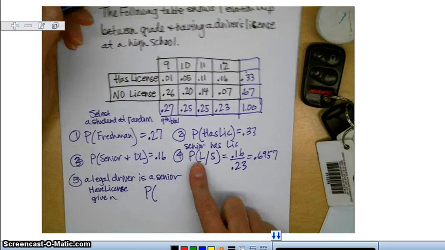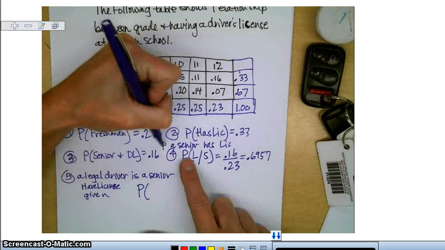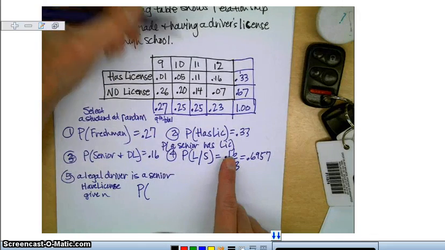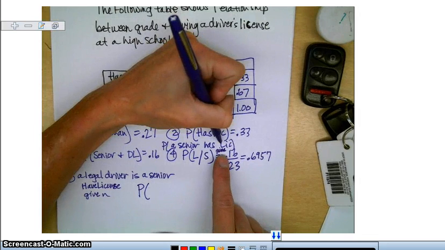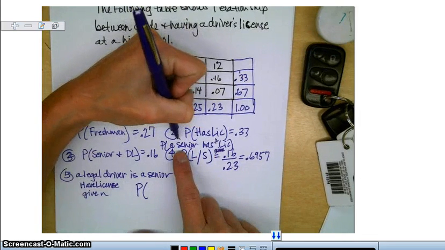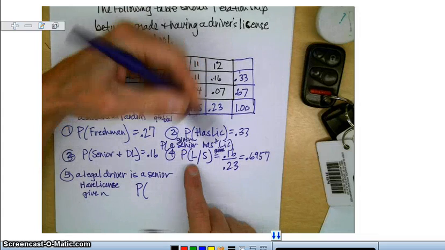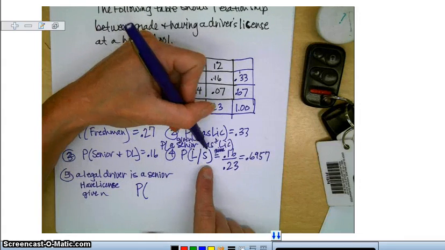On number 4, it was to find the probability that a senior has a license. So this is the part that you want to find the probability of, but this is the given part right here. You know they're a senior. So the probability that they have a license, given that you already know that they're a senior.